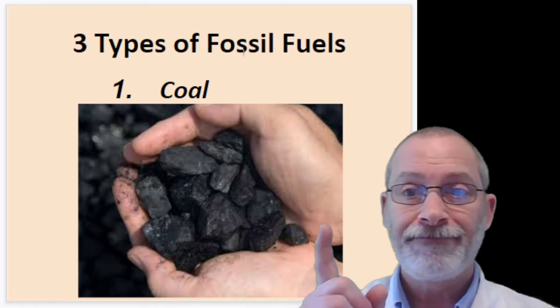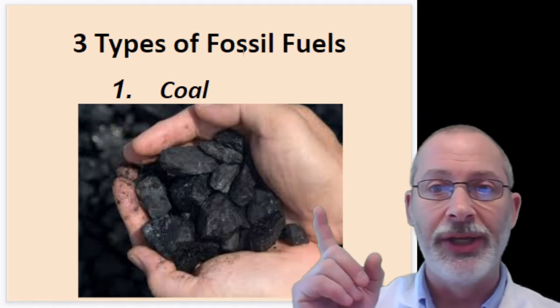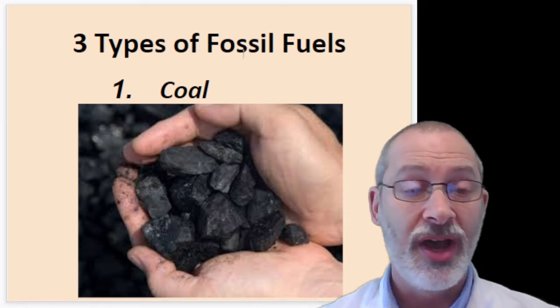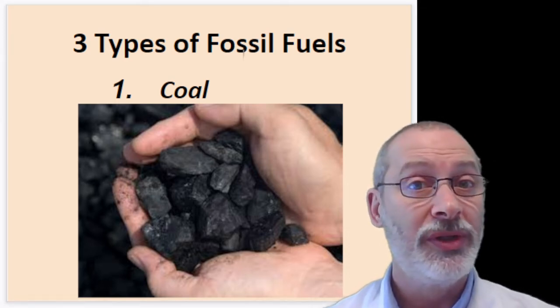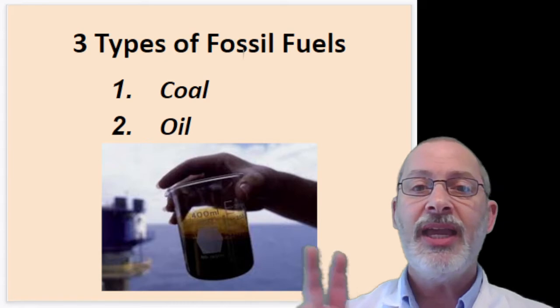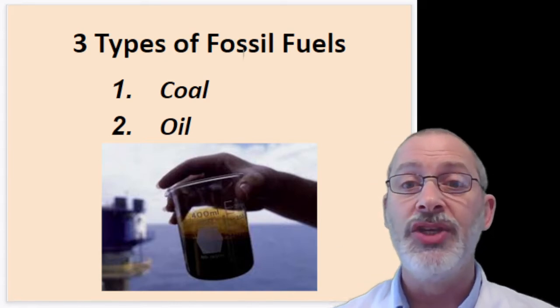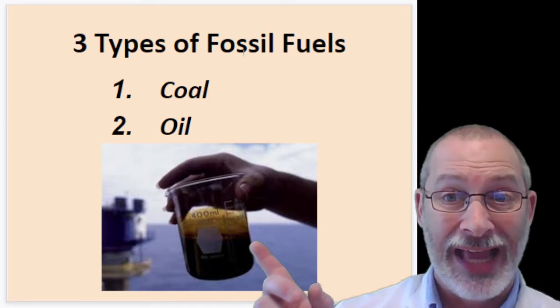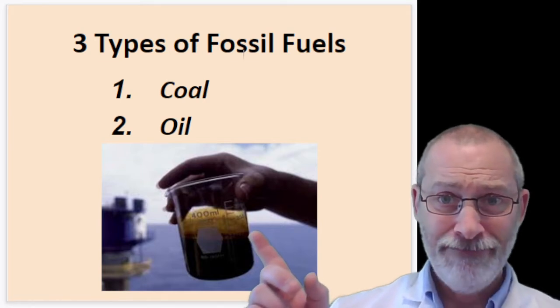Number one, this stuff right here. This stuff right here is coal. And we'll discover today that not all coal is the same. The second type of fossil fuel is oil. And by the way, you don't want to be drinking this stuff. That would be really nasty. But oil.